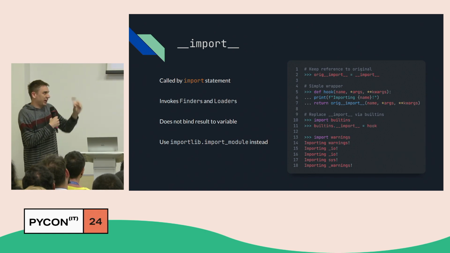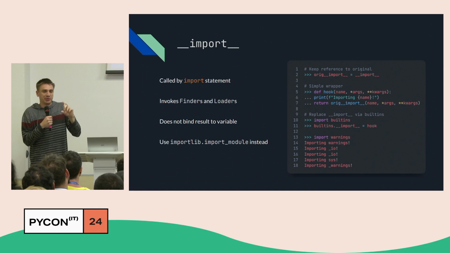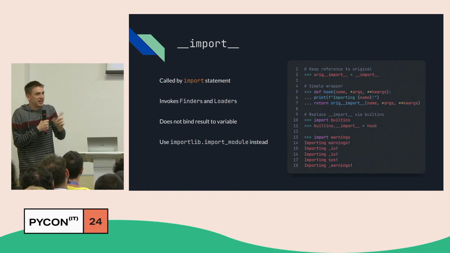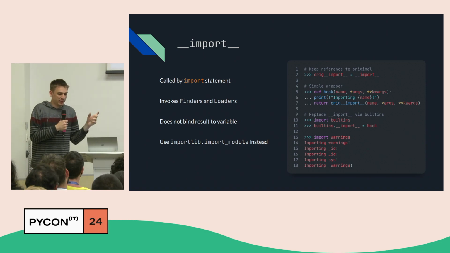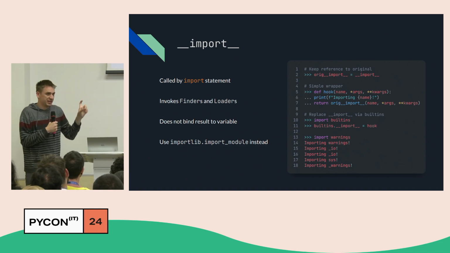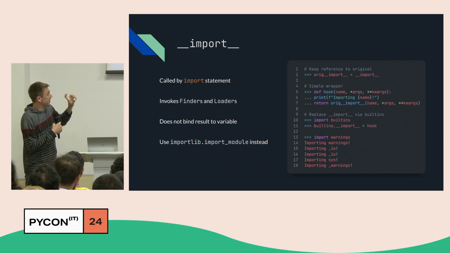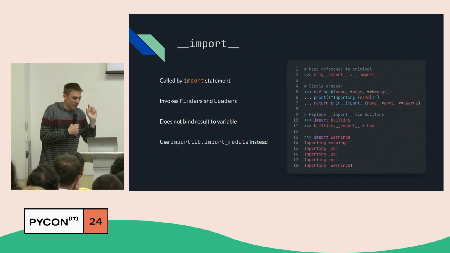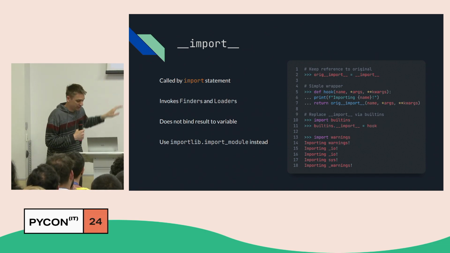There's some invariance that the import machinery relies on, where it expects some state to be set outside of the import built-in that the import module function does. And so you shouldn't really be using the double underscore import method on your own. You should be using this provided function.